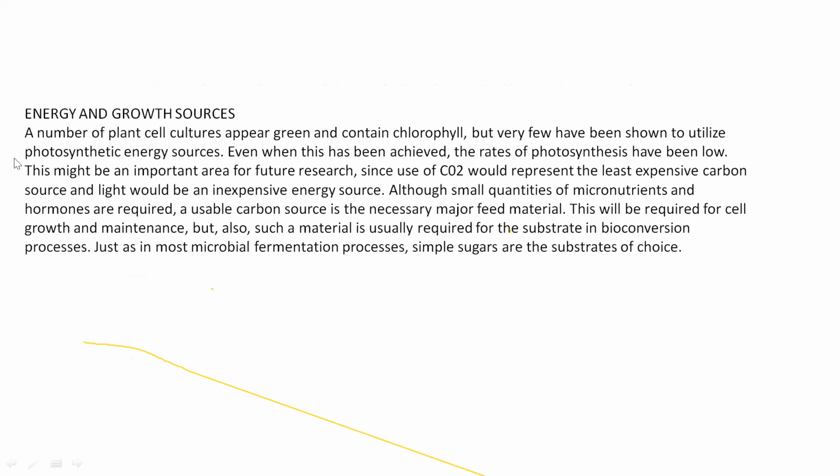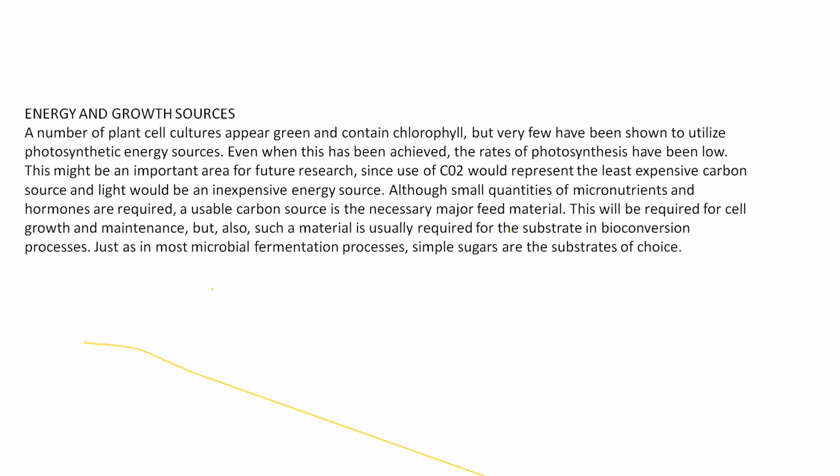Again, energy and growth sources. It is important that for any commercial product, input has to be minimum, output has to be maximum. That is the profit-enabled commercial exploitation. So you have to minimize the input cost and you have to maximize the output gain. That is only called industrial exploitation. For any industry-oriented chemical compound, input should be minimum.